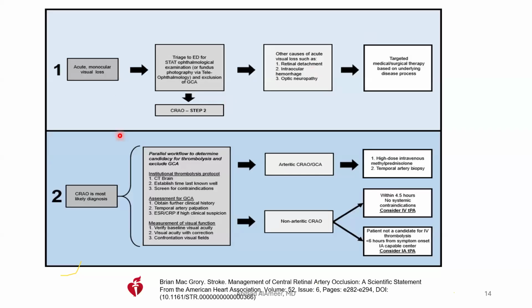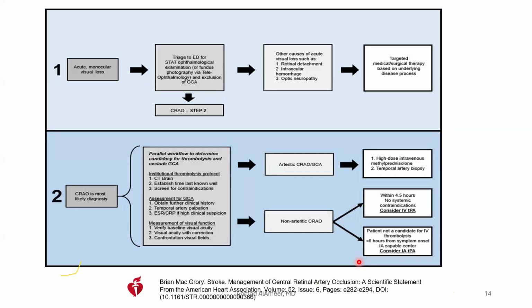If they found CRAO, is it arteritic from GCA? If it is GCA, start high dose IV steroid and temporal artery biopsy. If it is not GCA or not arteritic, and it is within 4.5 hours, consider tPA. If it is not, then you have to treat it as a stroke by doing a stroke workup.